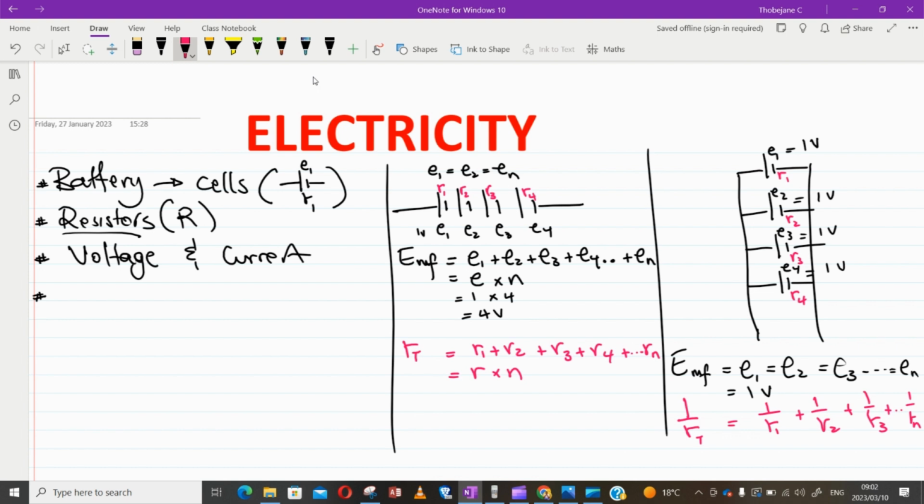Unfortunately, with the parallel, there's no shortcut just like the series one. You have to add them in that fashion, and then you use your mathematics knowledge to calculate the total resistance present then.